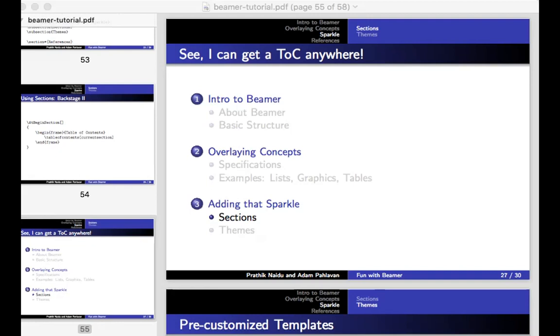There is some chat, somebody is saying something, I can't see the chat. Sir, actually I think your slides are other slides. It's intro to Beamer and overlaying concepts like that. Sorry? Your slides are not the proper slide, I guess. What are you seeing? I can see intro to Beamer.